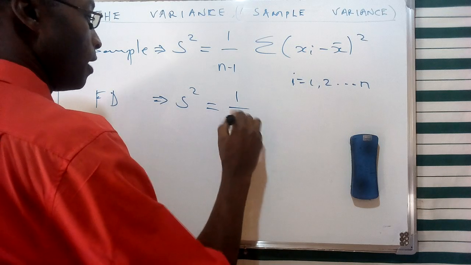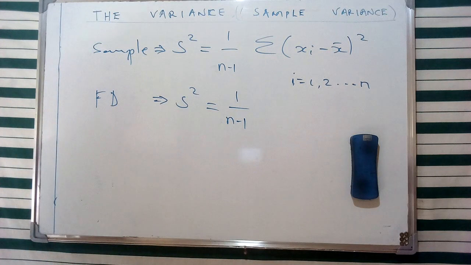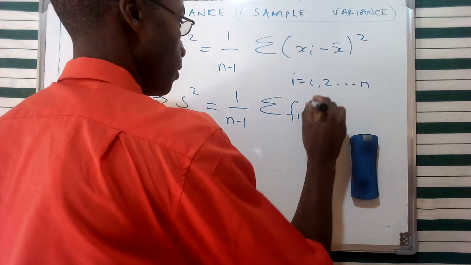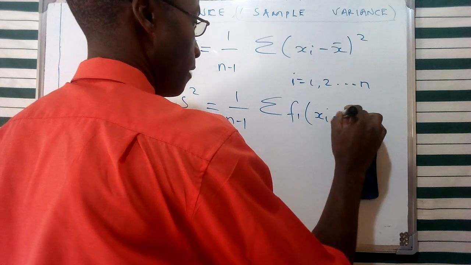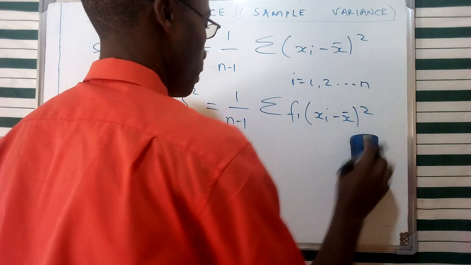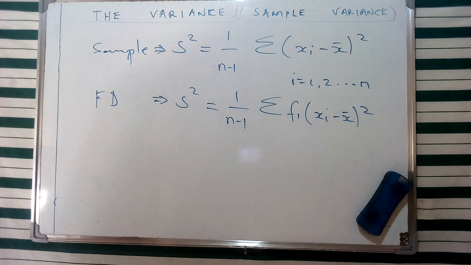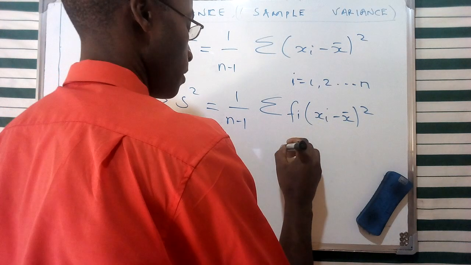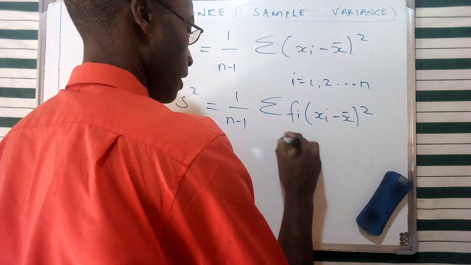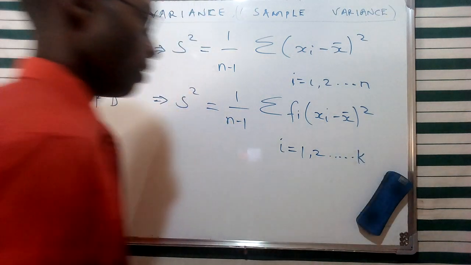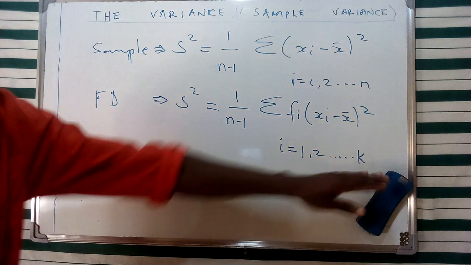And for our frequency distribution, we are going to consider the sample variance given in terms of 1 over n minus 1, and then we shall have the summation considering the frequency, given as such. For our frequency distribution, the i is going to represent 1 up to a specific number of classes.